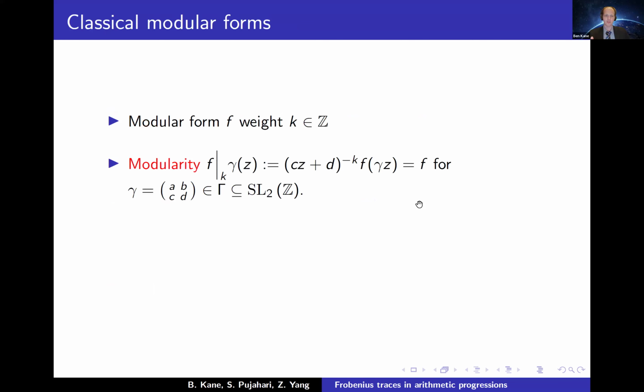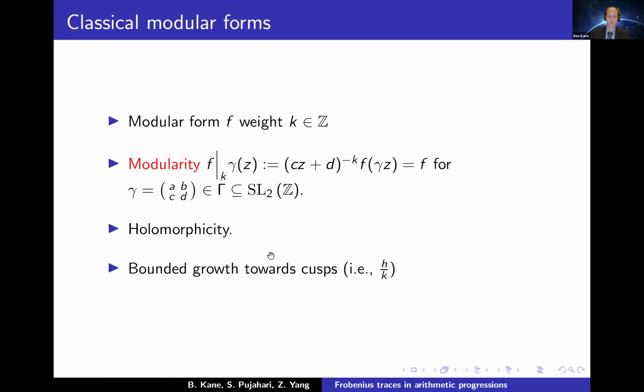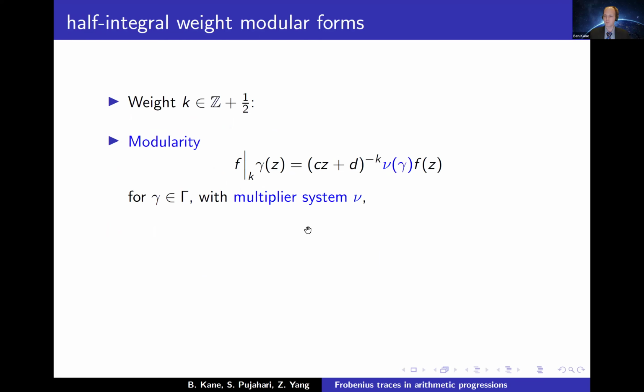I guess some people here know lots about modular forms. A modular form essentially, under this weight k slash operator, goes back to itself. Classical ones are holomorphic and also have bounded growth towards the cusps. Half-integer weight ones sort of have the same thing, but some kind of multiplier system is needed.